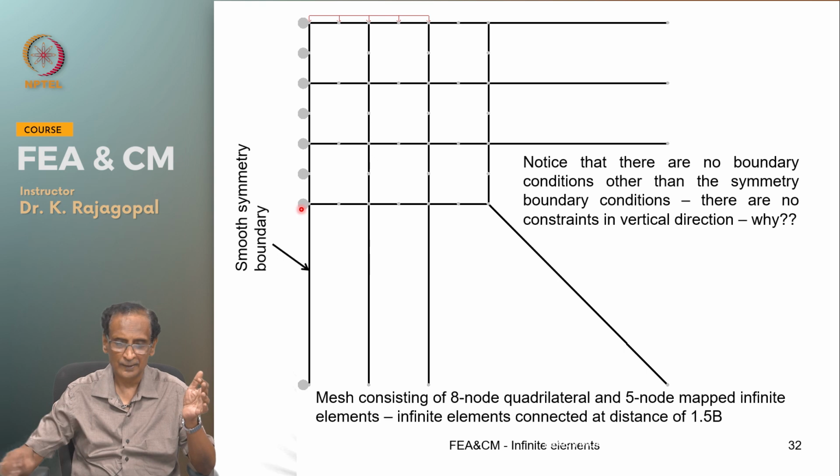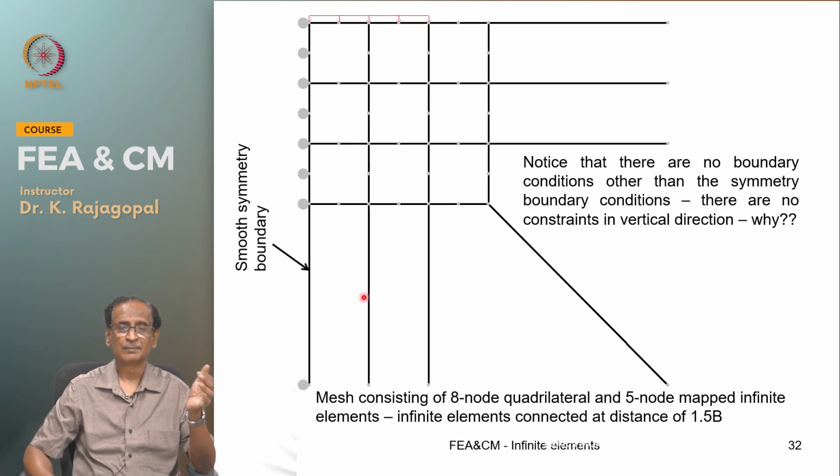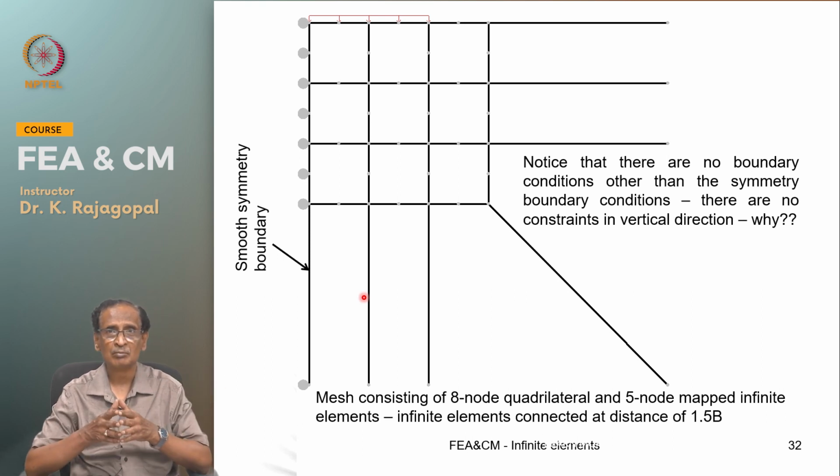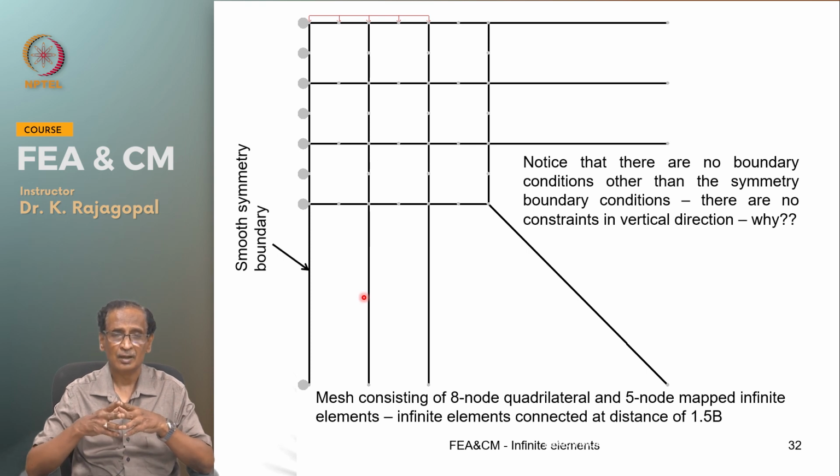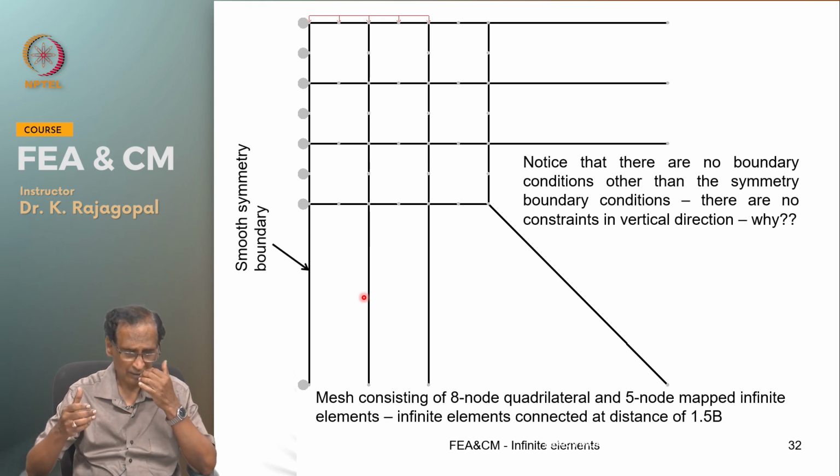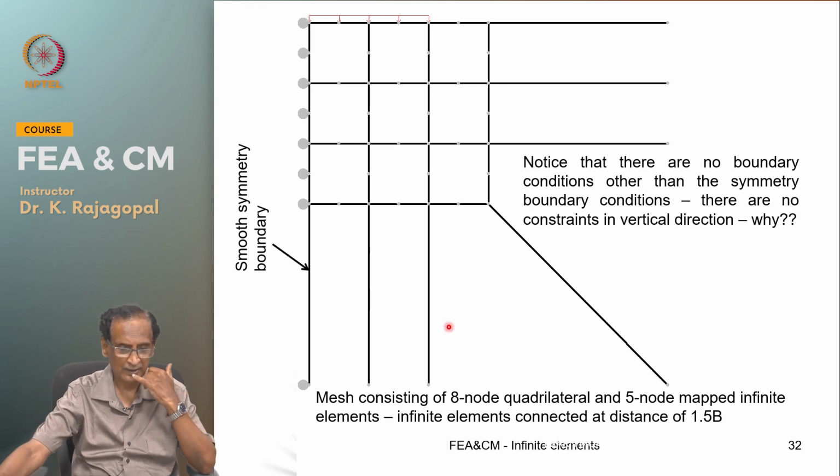And in fact, if you do the same thing with finite elements and try to solve, you will have a singularity problem. The program will complain that in your stiffness matrix, one of the diagonal terms is 0, because there are not enough constraints in the case of finite element analysis.